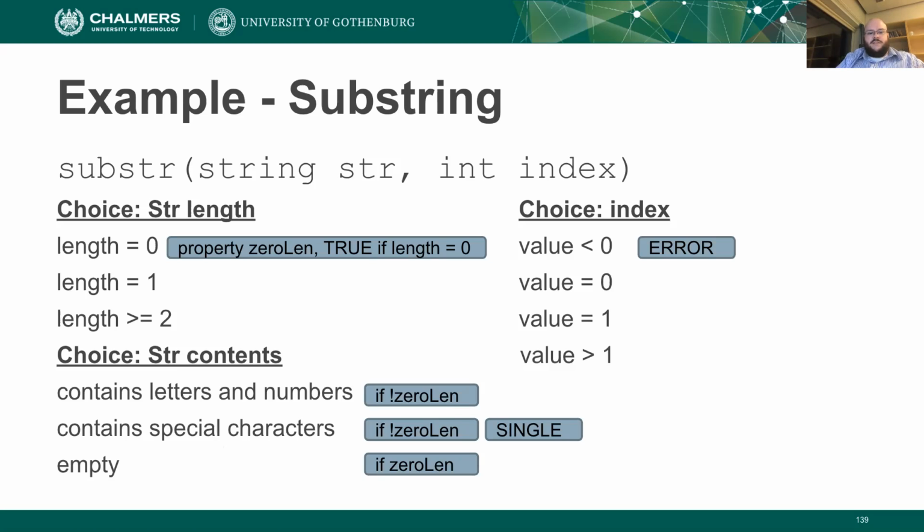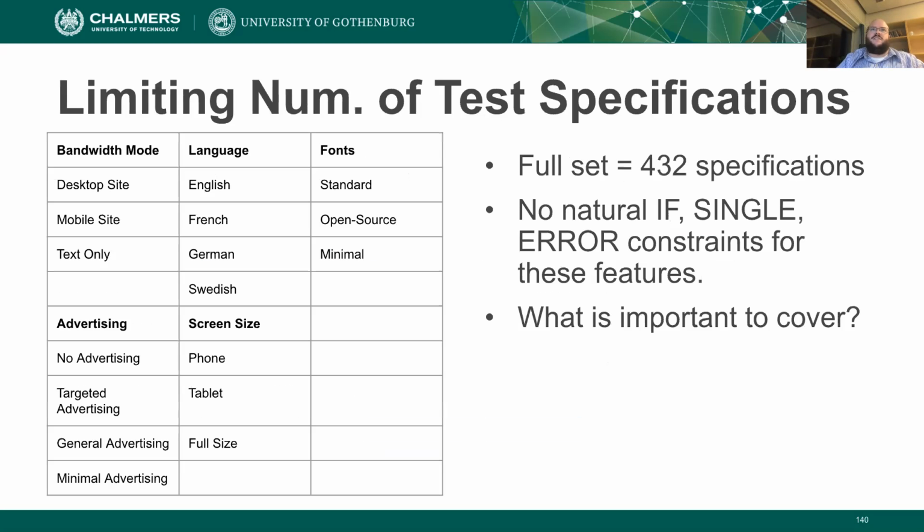All right. Let's go on then to combinatorial interaction testing, right? This approach is similarly a way to reduce the number of test case specifications that we're going to create test cases for, right? But sometimes it doesn't make sense to come up with those kind of constraints like we saw for the substring function. So here we have a system that controls the display of our website, our product line.